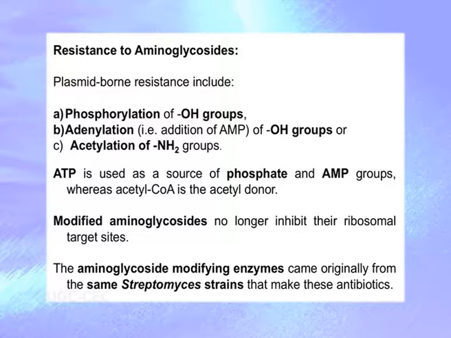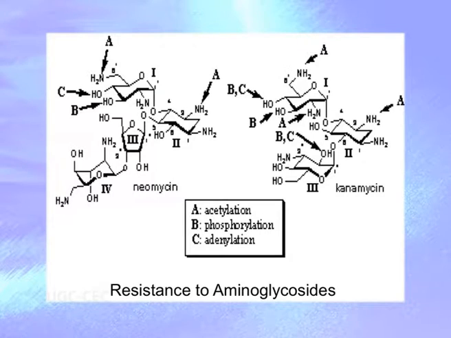ATP is used as the source of phosphate and AMP groups, whereas acetyl coenzyme A is the acetyl donor here. Modified aminoglycosides no longer inhibit their ribosomal target sites. The aminoglycoside modifying enzyme came originally from the same Streptomyces strain that makes these antibiotics.